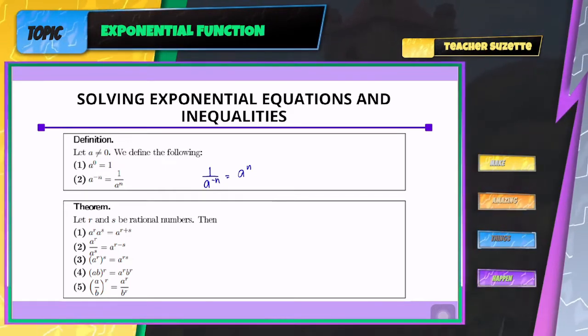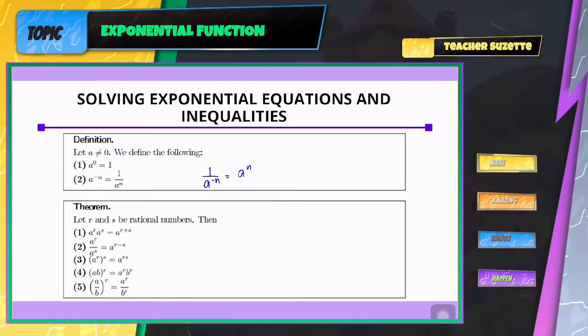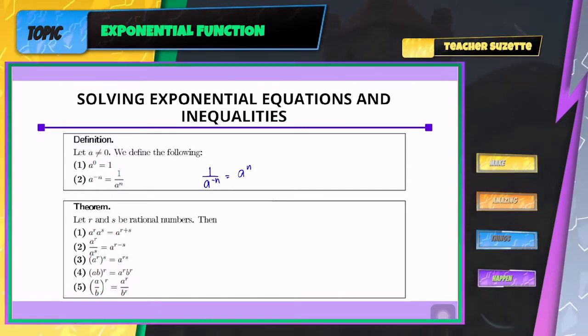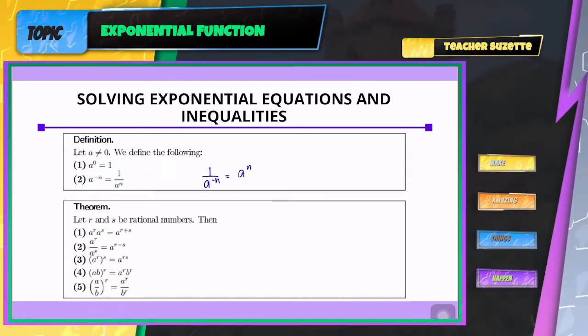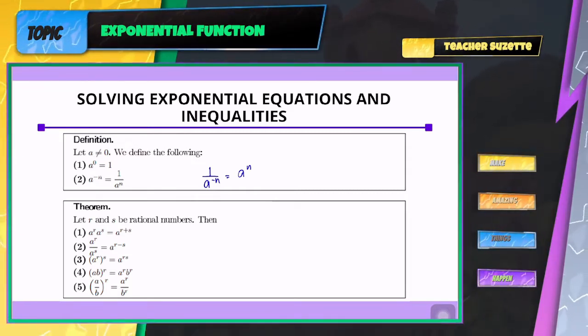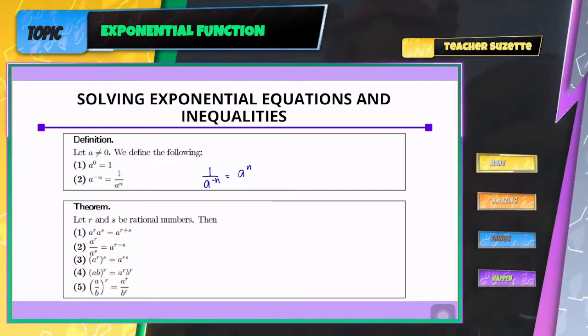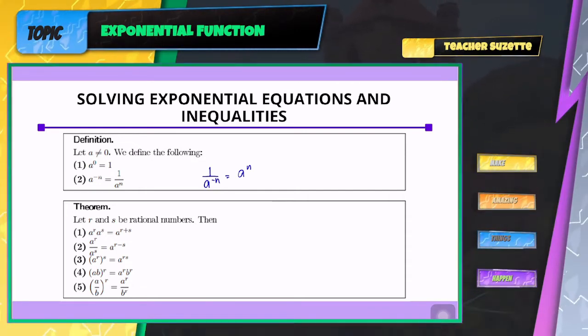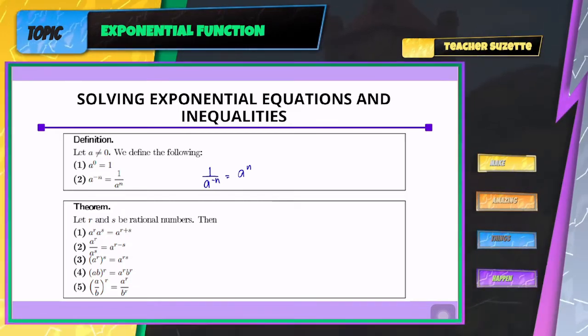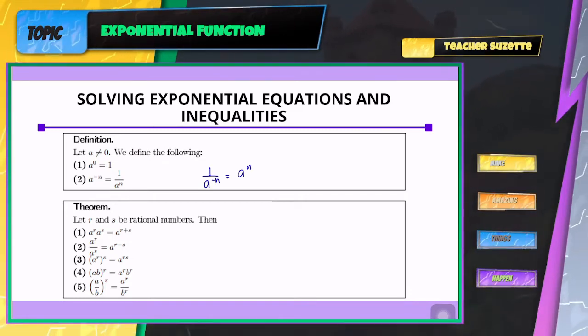Then, for number 3, kapag meron ka daw pong expression na naka-raise by another power like this one, a raised to r raised to s, what you're going to do with the exponents is you are going to multiply them. So, magiging equal na siya sa a raised to r times s. Then, for number 4 and 5, actually magkatulad lang din po yan. When you have a times b raised to r, dahil nga po mayroong presence ng parentheses dito, it means that this exponent r should be distributed to your a and b.